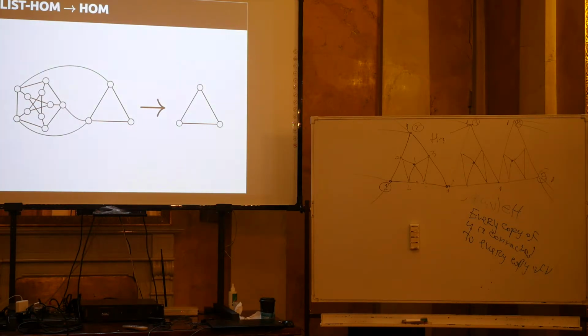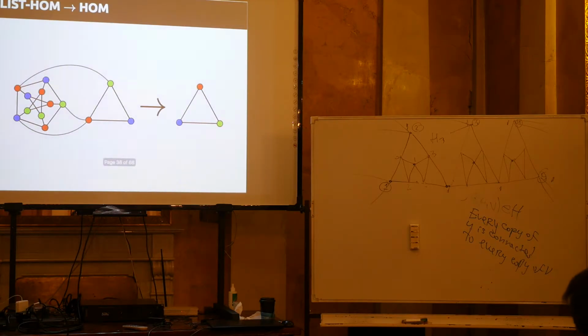I would love to have a reduction like this, but for this I need to make sure that this triangle is mapped to this triangle. And moreover, I want it to be mapped correctly. I don't want it to be mapped like this. I want this to be mapped to the red one, this to the green one, because these restrictions matter. Here the order of the vertices matters.